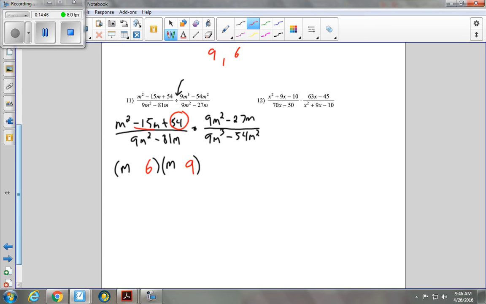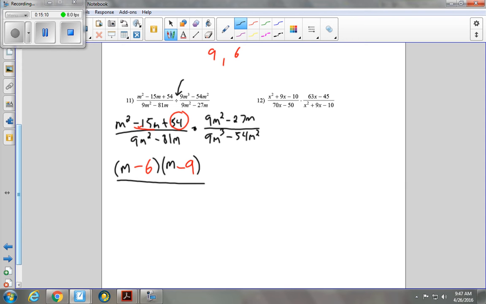Got to be negative and negative, because it needs to multiply to positive 54 but add to negative 15. So negative 6 minus 9 is negative 15. Okay, good so far.